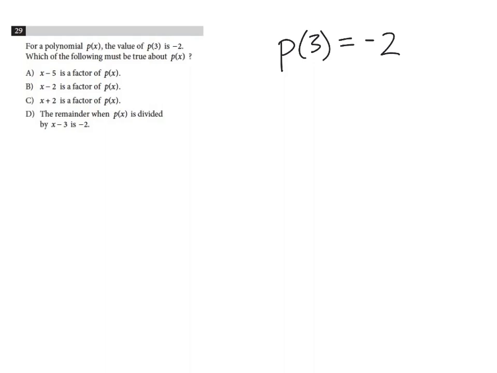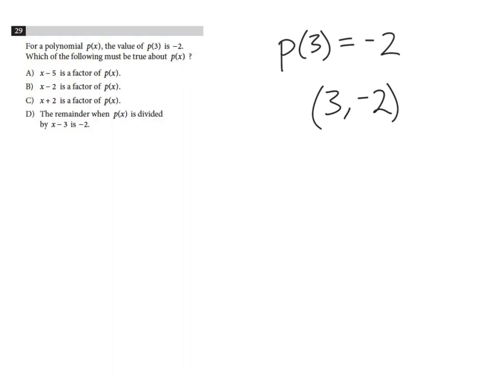So the value of p of 3 is -2. That means there's a point (3, -2) on the graph. So when I put in a 3, I get out a -2.